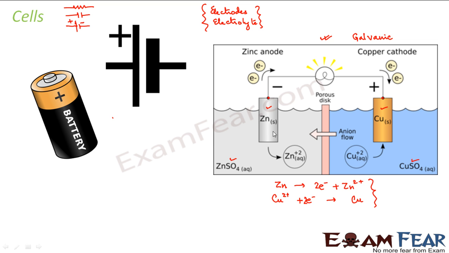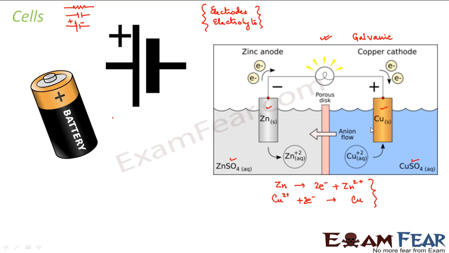Therefore the zinc electrode keeps on becoming thinner, because zinc is getting converted into zinc ion. Similarly, as electrons travel to this end, more and more copper ions accept electrons and become copper. So the copper electrode will become thicker. With passage of time, the zinc electrode will become thinner, whereas the copper electrode will become thicker.